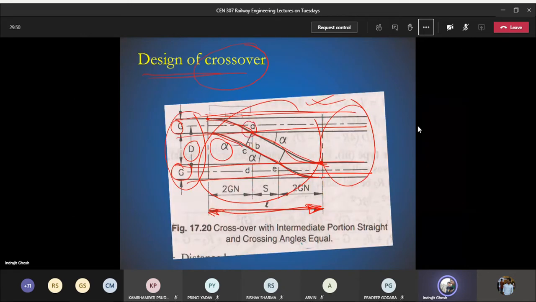This is point A. This is point C. Draw a vertical, perpendicular line, call it C. Draw a vertical line here, call this B. Call this point E. And D is the point here. Mark these four or five points, then we will be able to start. And alpha is the crossing angle. So A, B, C, D, E, five points are shown in this particular diagram. So draw this. Many times I ask for the derivation in the exam.